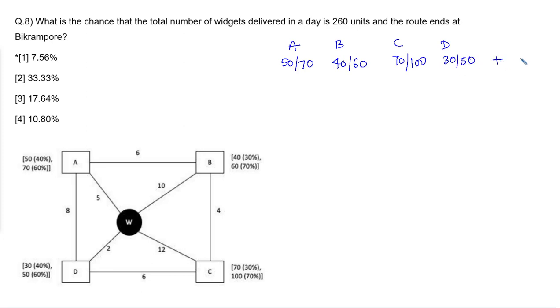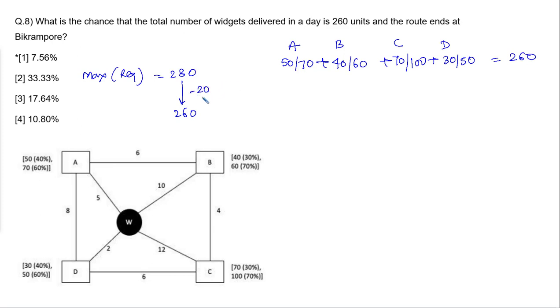We want this addition to be 260. In the last question, as we saw, the total maximum requirement is equal to 280. So we want this 280 to become 260. So we need to reduce the requirement by 20 units.